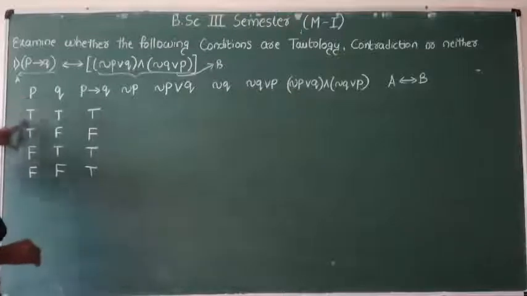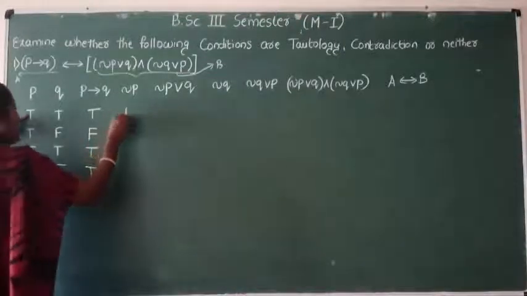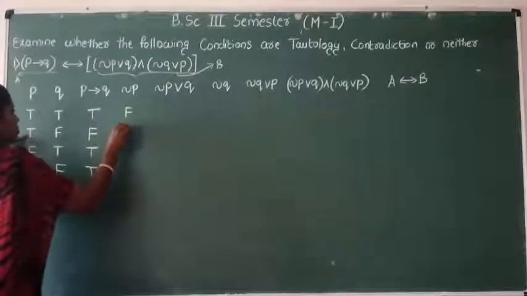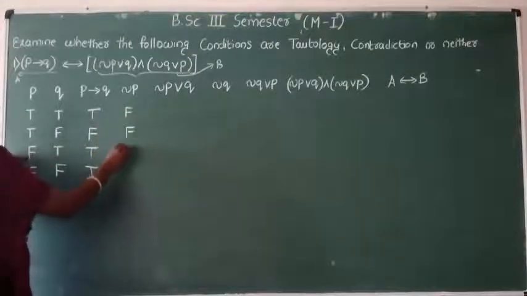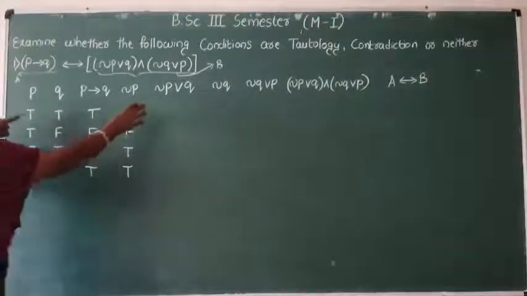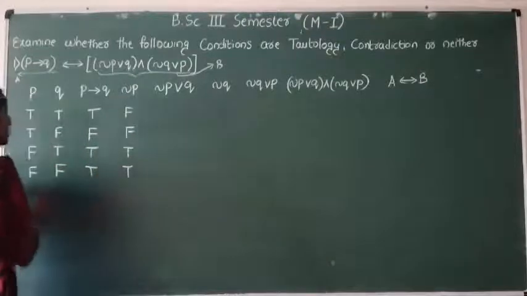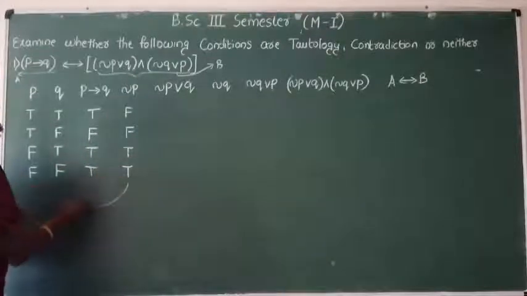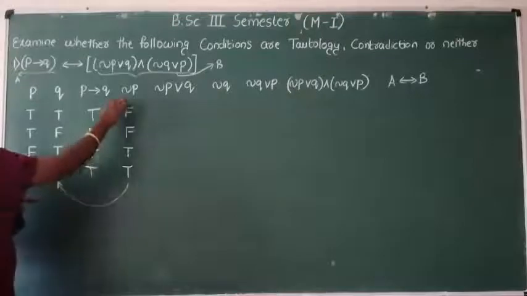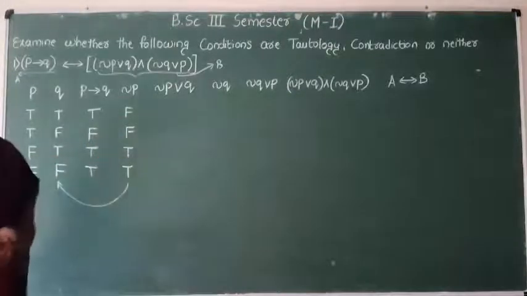Negation P. Look at the P element. So P's first condition is true, so this becomes false. True, false, false, true, false, true. Right? Negation P or Q. Negation P or Q. What is the definition of the or condition?